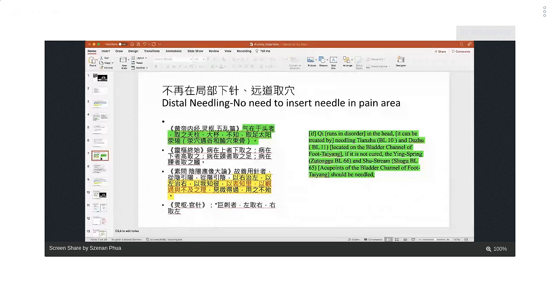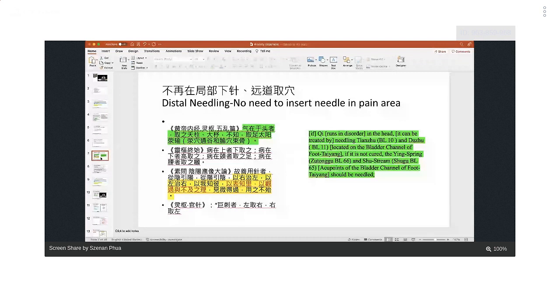It's a bad qi, bad energy, so it can be treated by needling Tianzhu, bladder 10, and Dazhu, bladder 11, located on the bladder channel of foot taiyang.